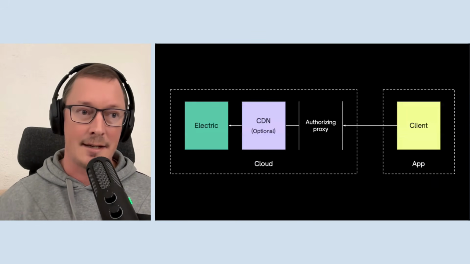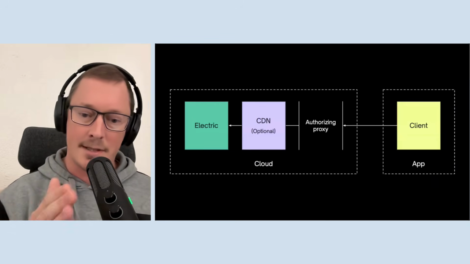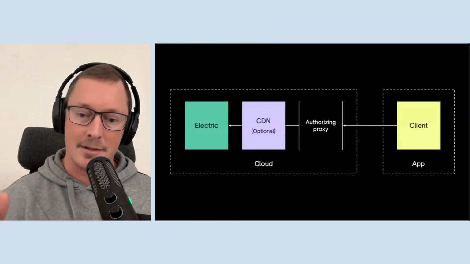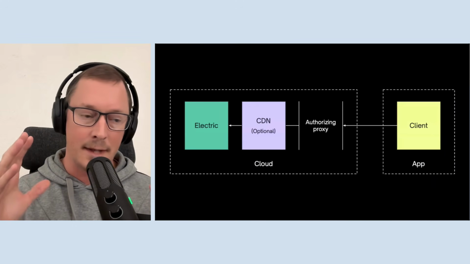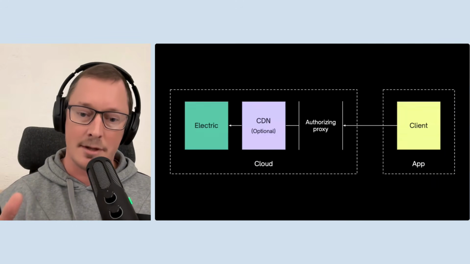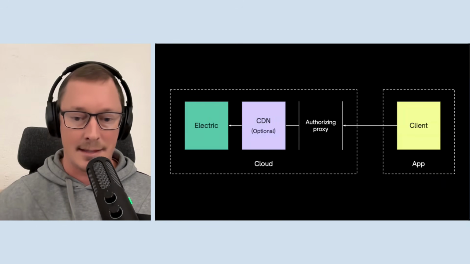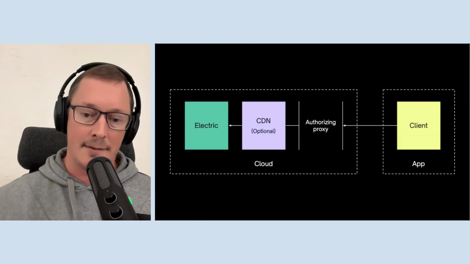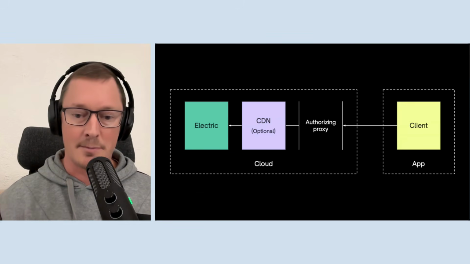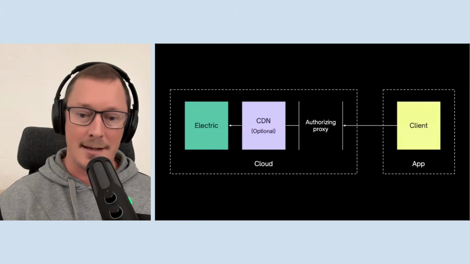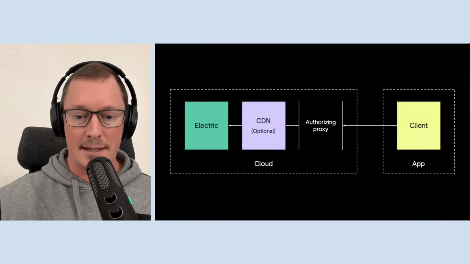And for that, what we do is we query Postgres, we write into a shape log, and then we serve that shape log out, and it's essentially batched arrays of JSON documents. And that allows it to be served as basically static documents, which can be served through a CDN. So if you have concurrent clients that are accessing the same data, then they can just be served through the CDN.